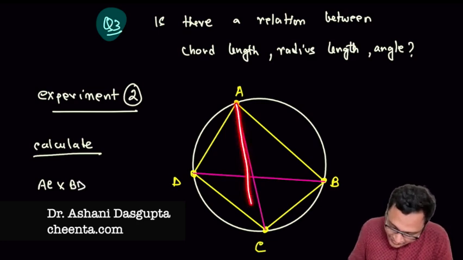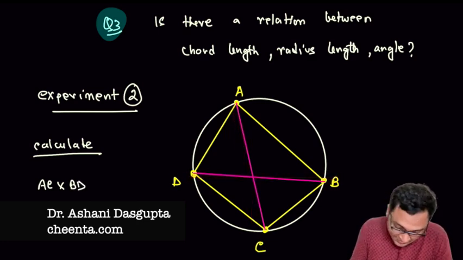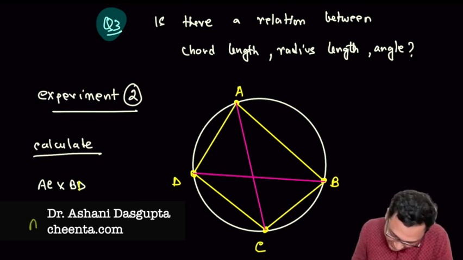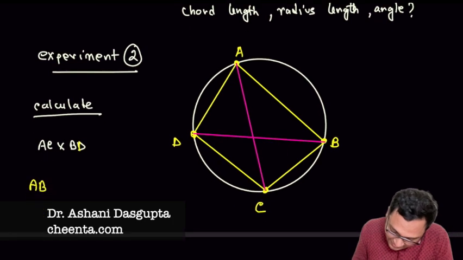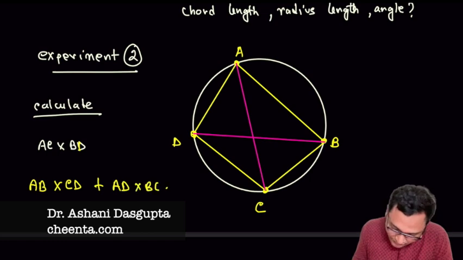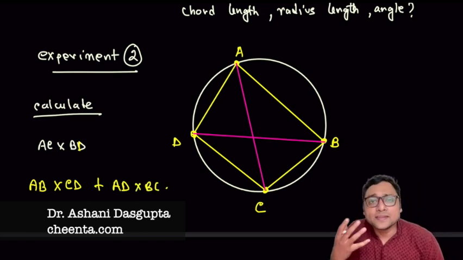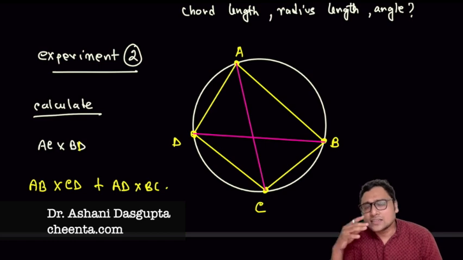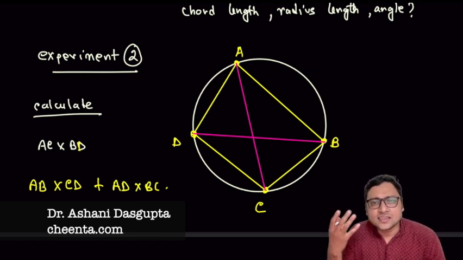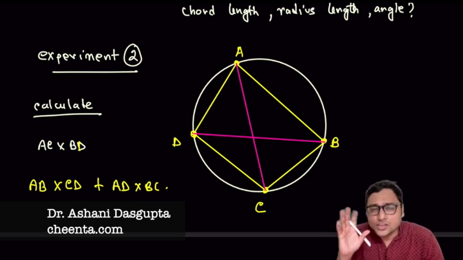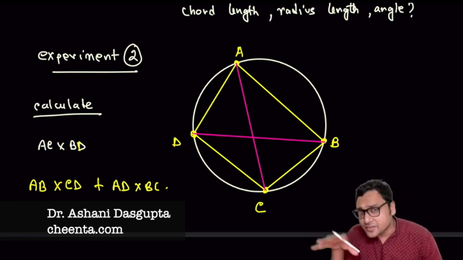That is the length of AC times the length of BD. And separately calculate AB times CD plus AD times BC. Tell me in the comment section, what relationships do you see between the two numbers? You should experiment with different circles.